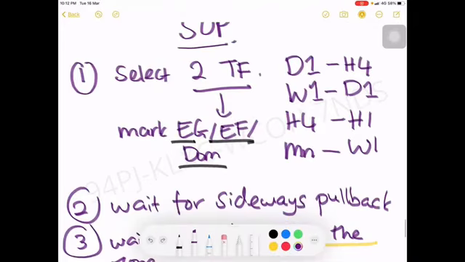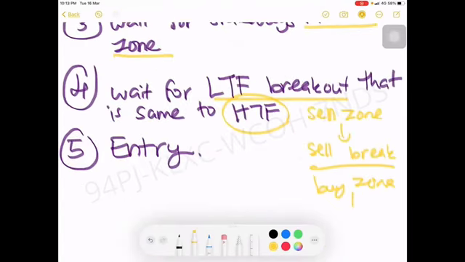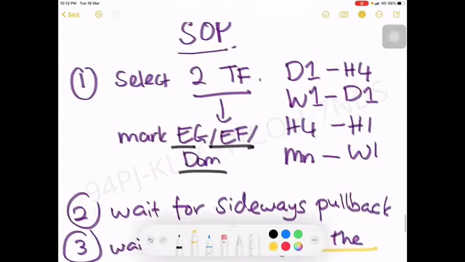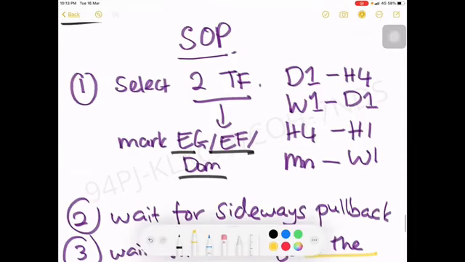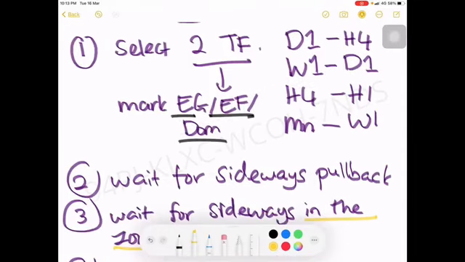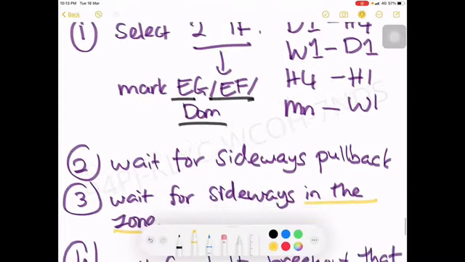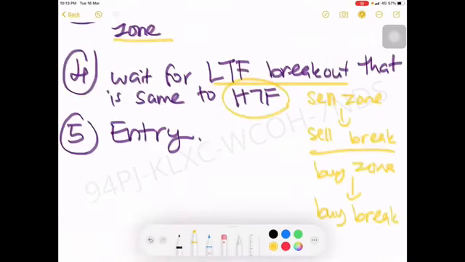There are only 5 steps. If you selected daily, then you're going to have to wait for the zone, and then you're going to wait for the break, same as high time frame. It means that if you mark the zone, there's only 5 steps.